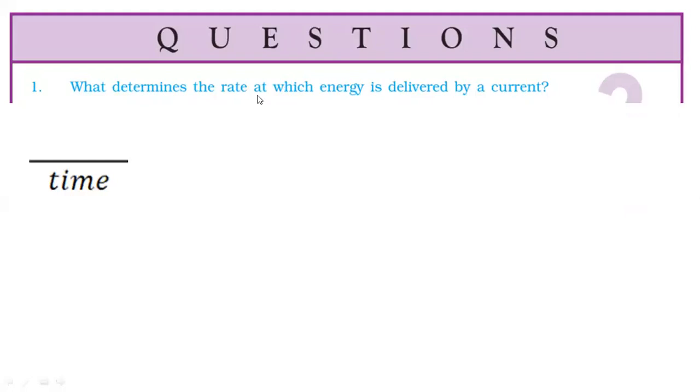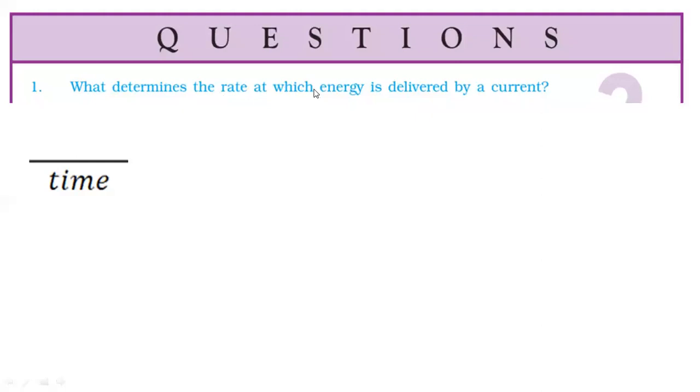So I will divide. I am formulating the formula as given in the question. In the question, they said the rate, so I have written time here. After that, they're saying the rate at which energy is delivered, which means I have to put energy in the numerator. Whatever is given in the question, I am just formulating it.